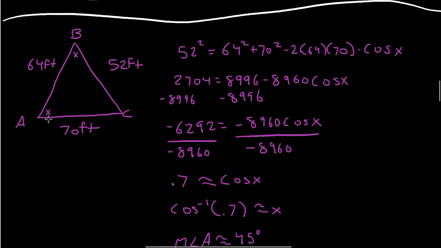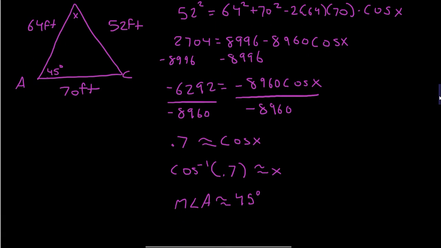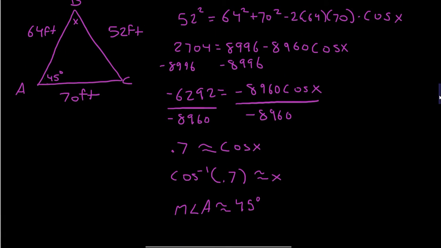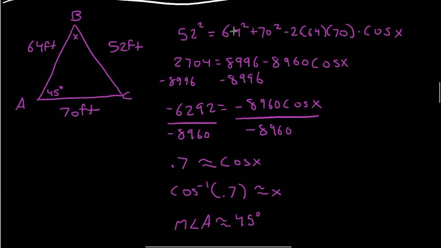Here we can erase this, and then add our black marker here. Let's make that a little thicker. All right, put that at 4. So measure of angle B, we look at the side opposite to it.